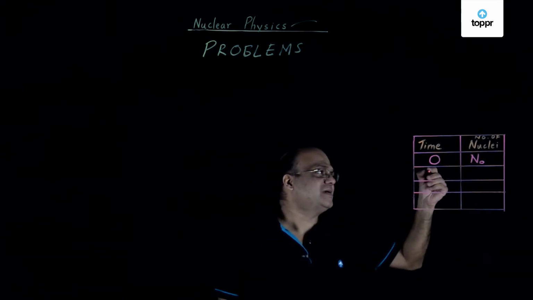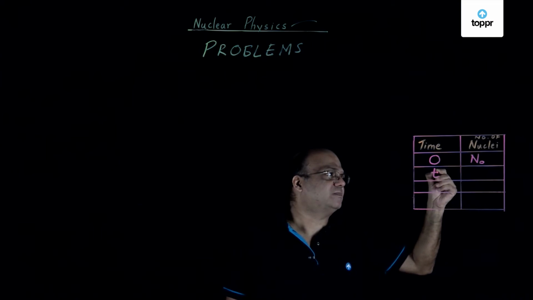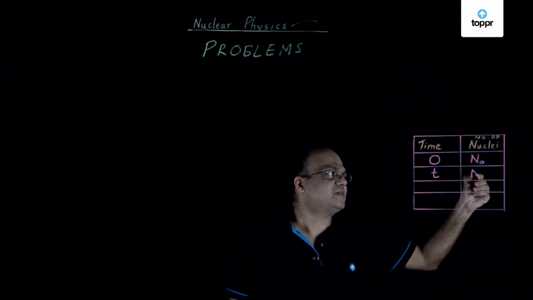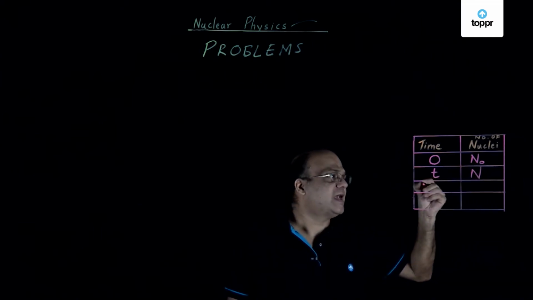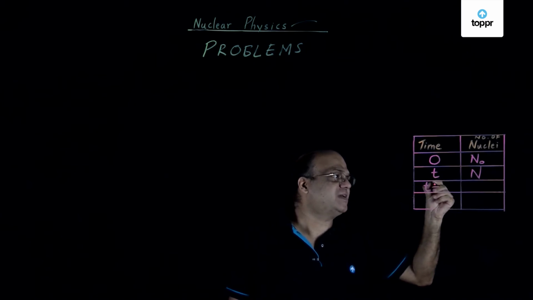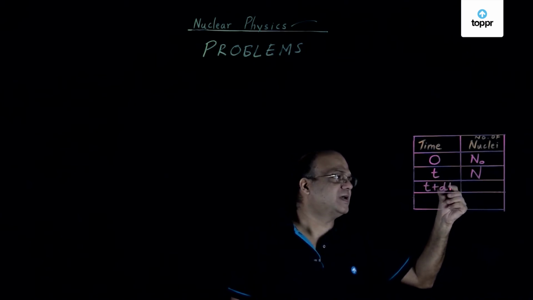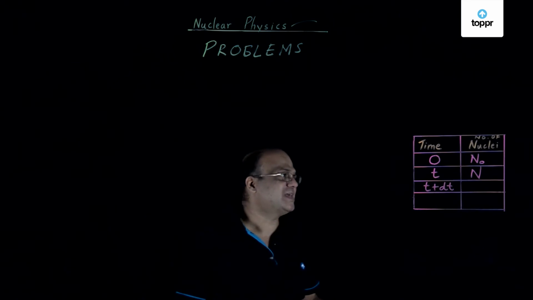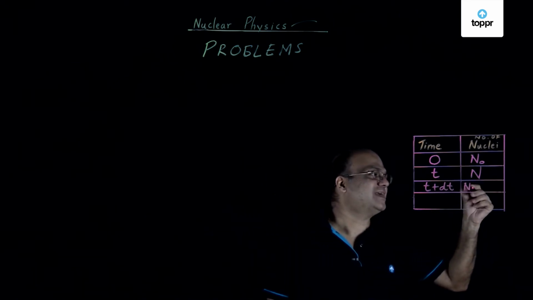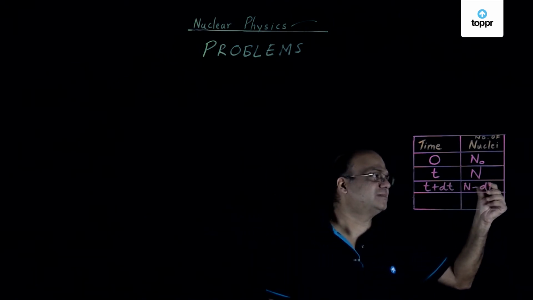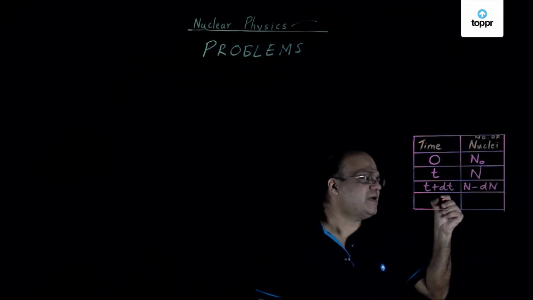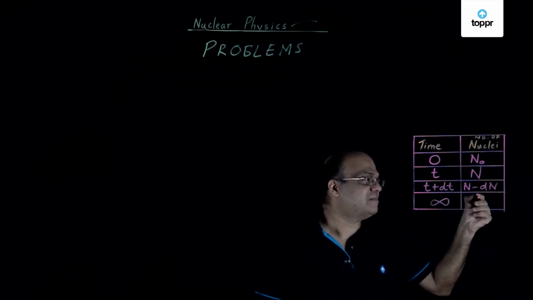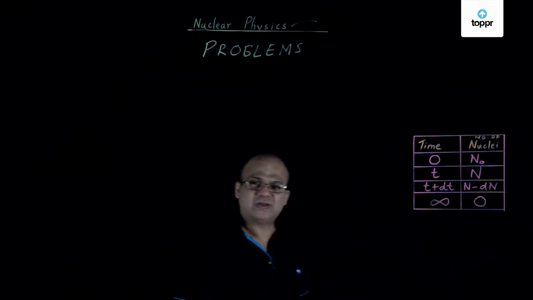At time t equal to t, the number becomes N. At time t plus dt, the number becomes N minus dN. And at time infinity, the number is 0.